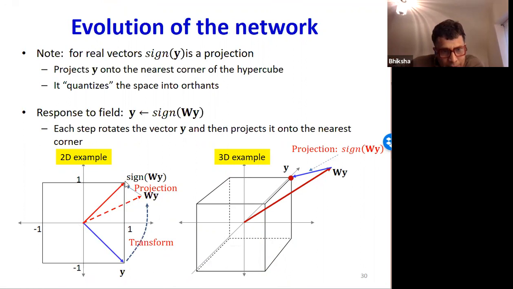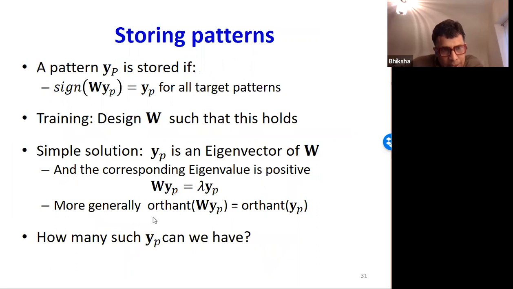You take the sign, it's going to snap it back to the closest corner. And so long as this rotation keeps it within the orthant, that pattern is stable. Now, a pattern is stored if sign of Wy equals y for those patterns. So we want to design the W such that this holds.